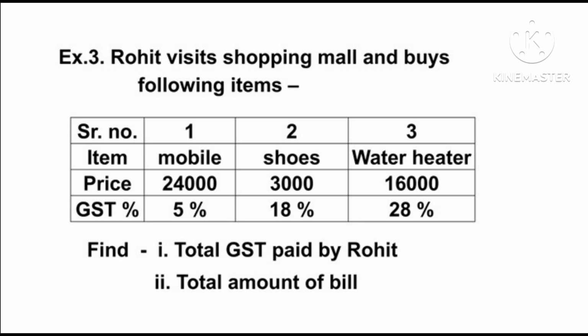Water heater at 16,000 rupees. GST paid on these items is 5% on mobile, 18% on shoes and 28% on water heater. Find 1. Total GST paid by Rohit. 2. Total amount of bill.